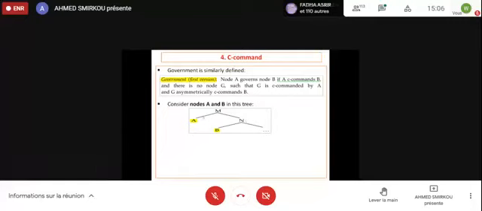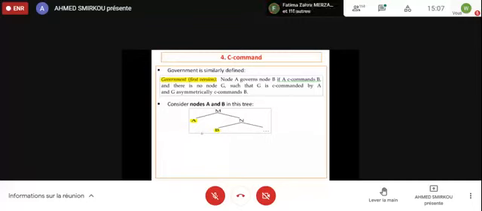So here A secaments B, because it's the daughter of its sister. So A secaments B, and of course N. There is no other node between A and B which is intervening.